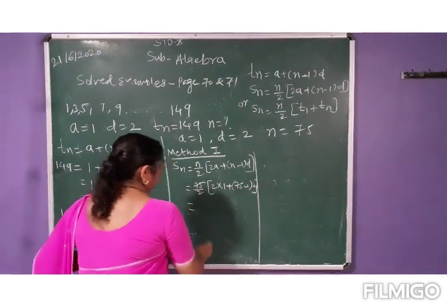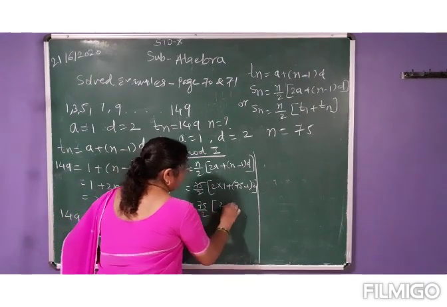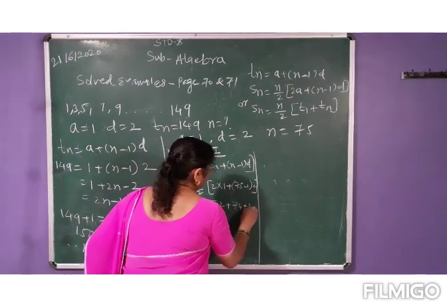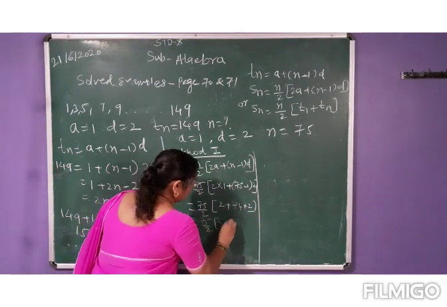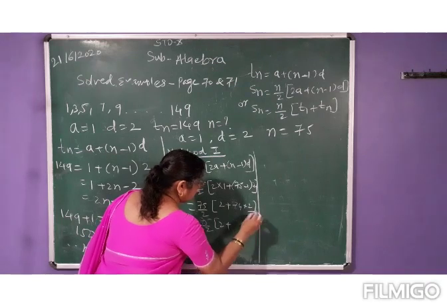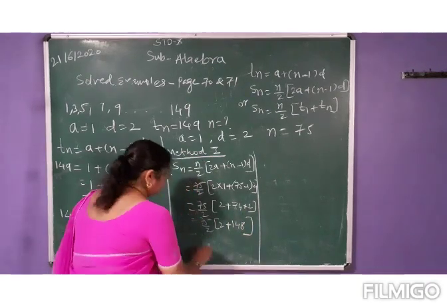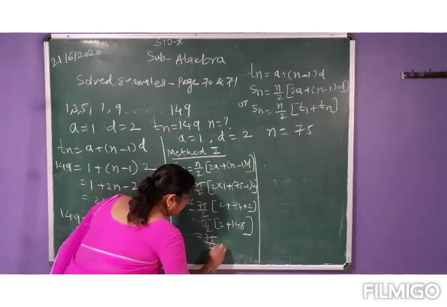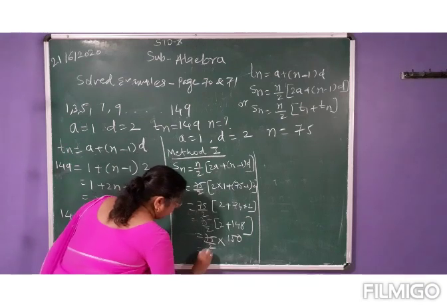Correct? So 75 upon 2, I will write as it is here, 2 plus 74 into 2. So 75 upon 2 into 2 plus 148, 150 I got.